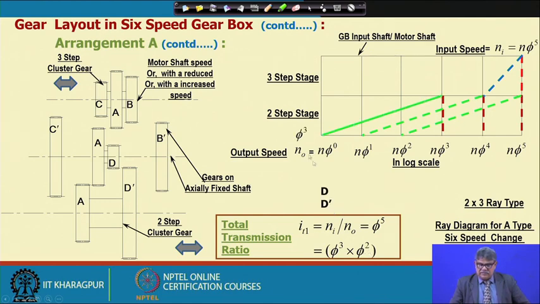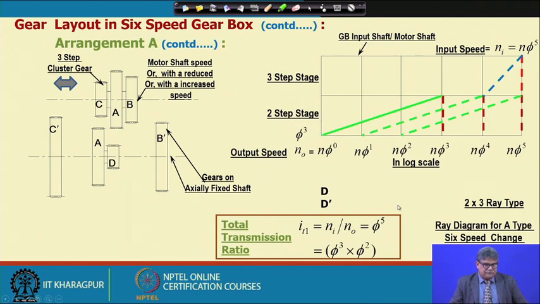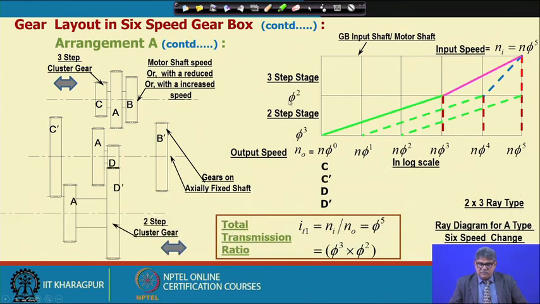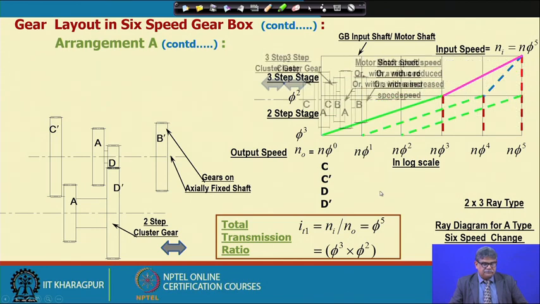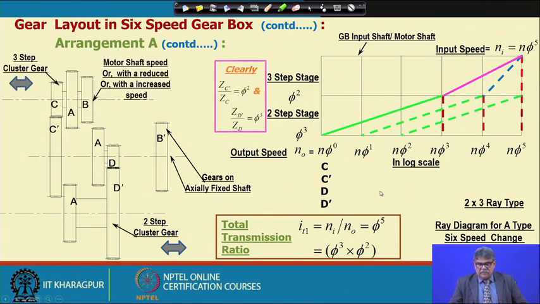And in the first stage, I mean the 2 step stage, we will select this one connecting D dash, and next we will get phi square connecting C by C dash, and these are the ratios that we have already found out, and this is the gear engagement.